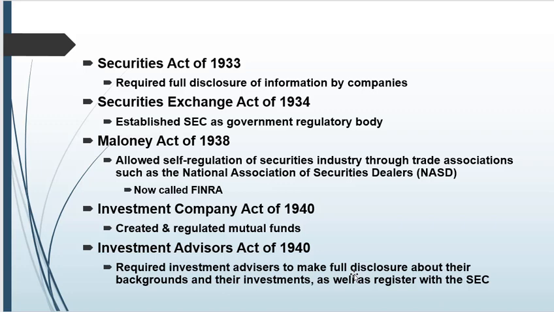One is the company selling. The Securities Act of 33 covers those actions of companies that are issuing their stock. And then the Securities Exchange Act of 34 covers those people who are trading the securities after it's been purchased the first time.